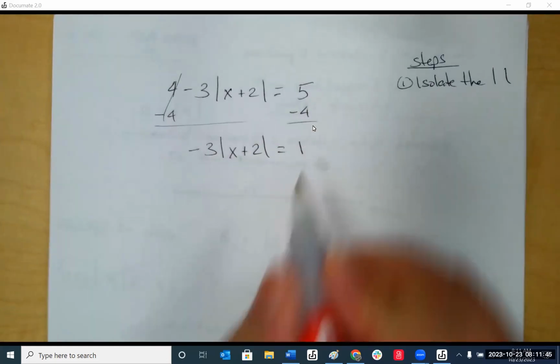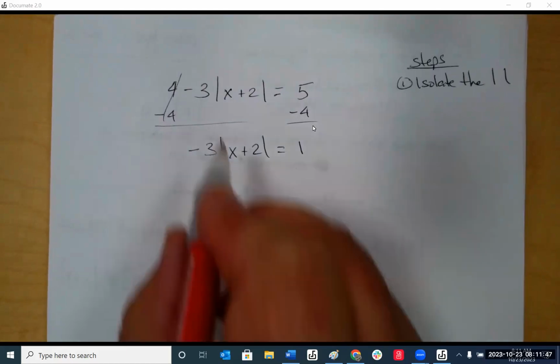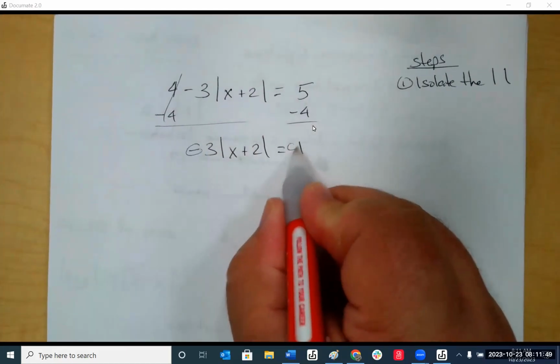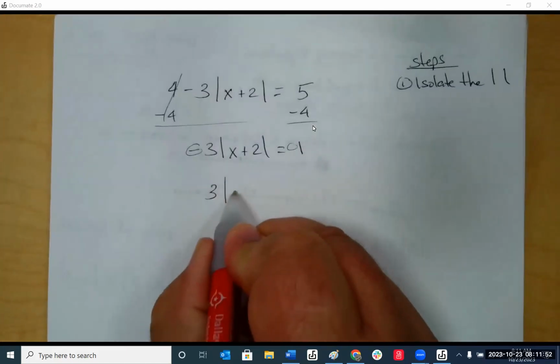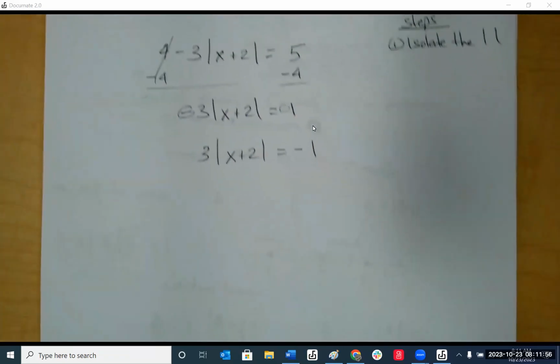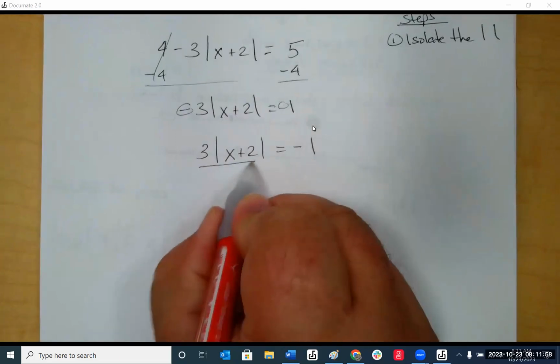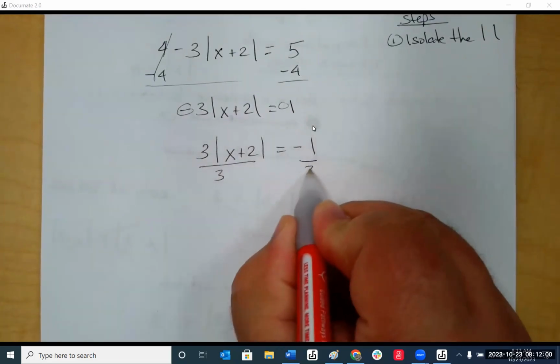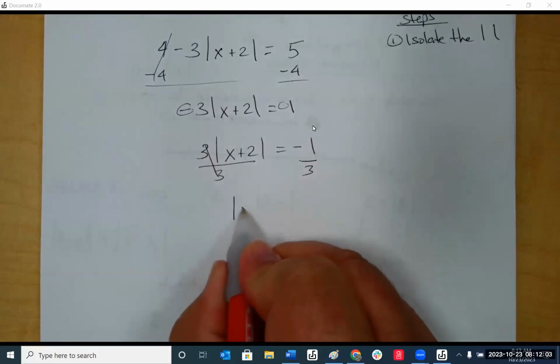Five minus 4 is 1. Change the signs. X plus 2 equals negative 1. Divide by 3.